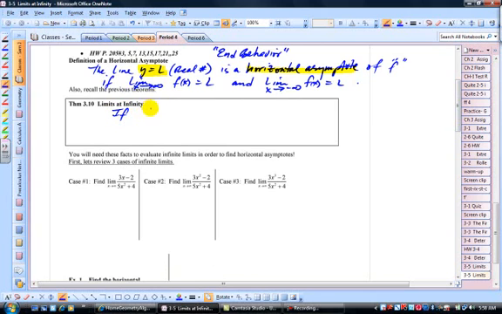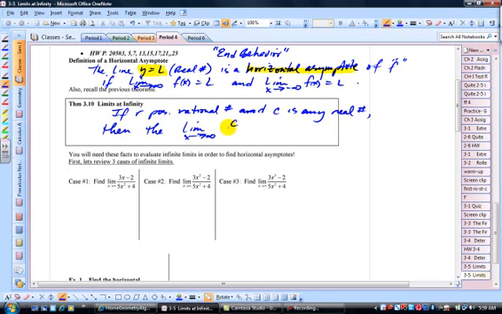It says if r is a positive rational number, and c is any real number, then the following limit applies: the limit as x goes to infinity of c divided by x to the r is equal to 0.